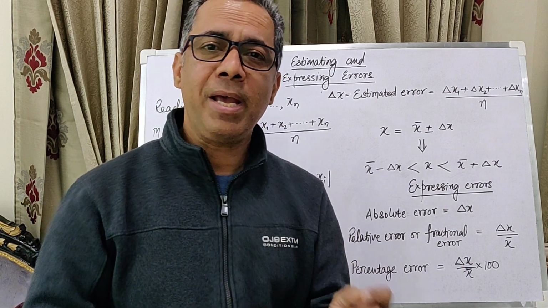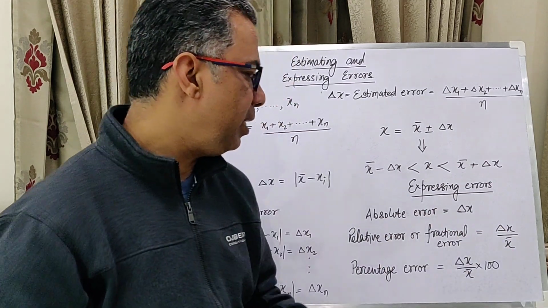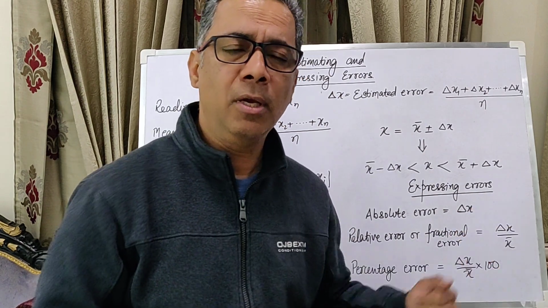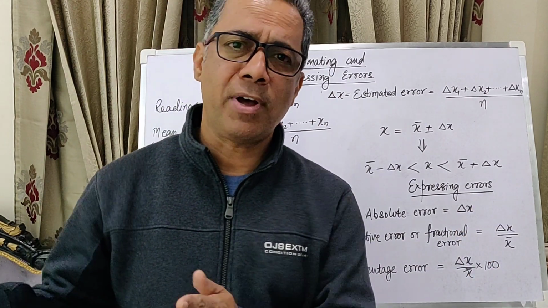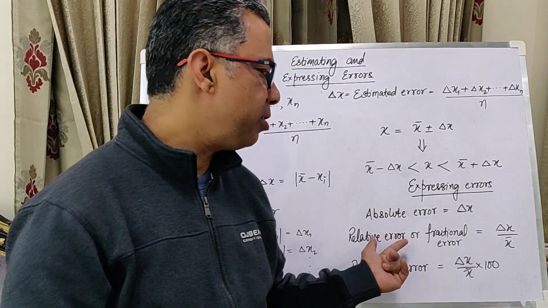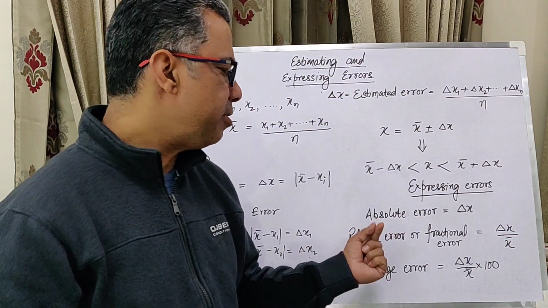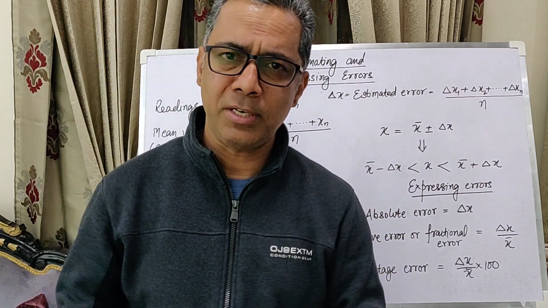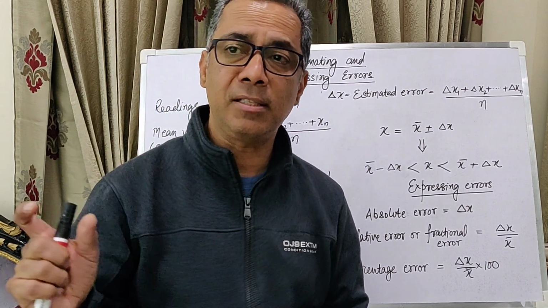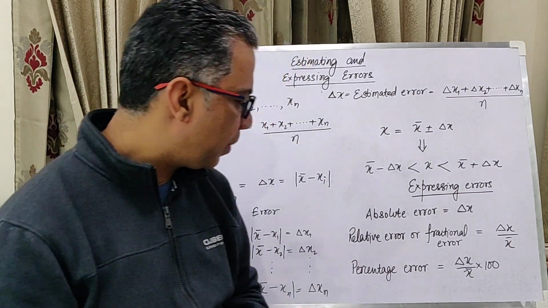But when we compare the two measurements, the first measurement of 1000 meter with the 1 meter error, the relative or the fractional error is 1 divided by 1000. Whereas in the other measurement of 1 centimeter with the 1 millimeter error, we have a fractional error of 1 by 10. Now, in fractional terms, the error in the second measurement is the bigger error, and therefore that's the less accurate measurement.